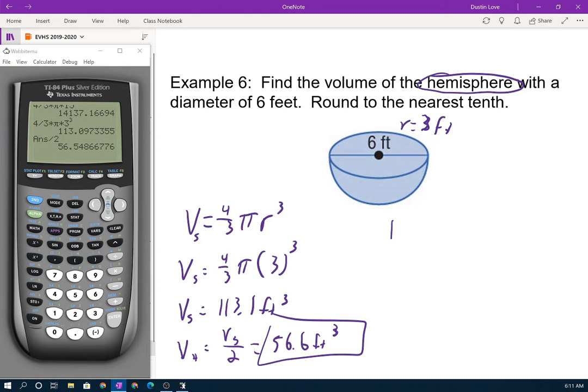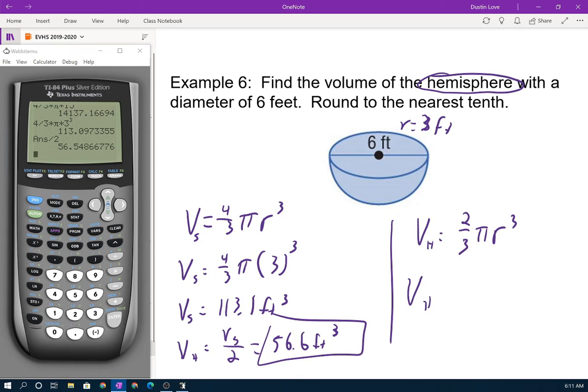Now, the direct way, volume of the hemisphere, 4/3 pi r cubed, all divided by 2. One of the things you can do there is just cut it in half by making this 2/3 pi r cubed.